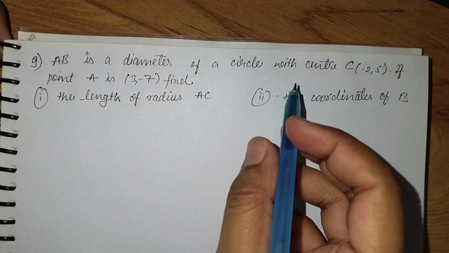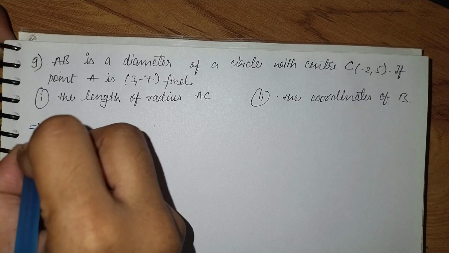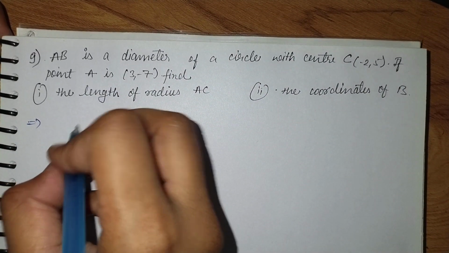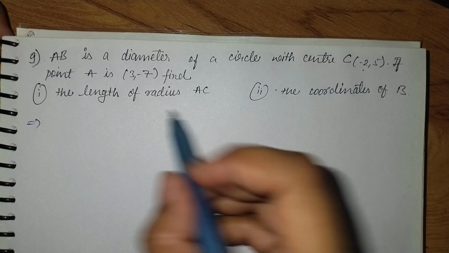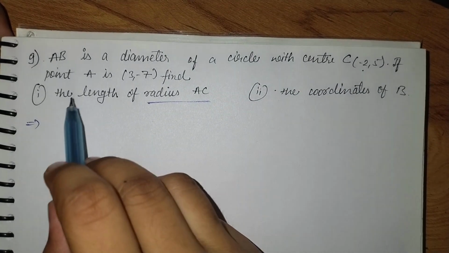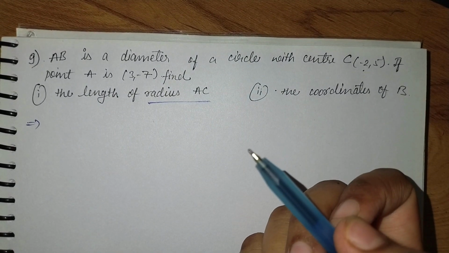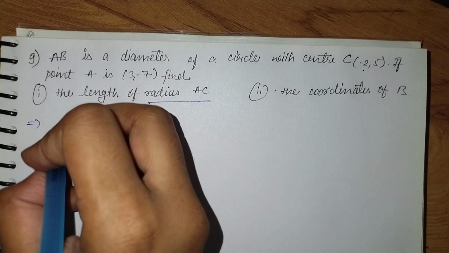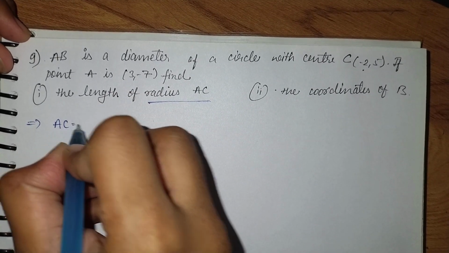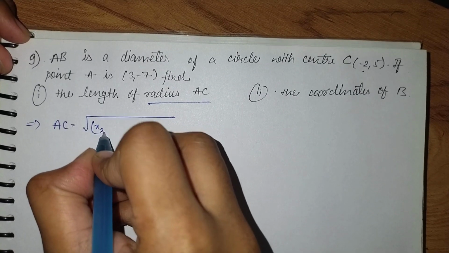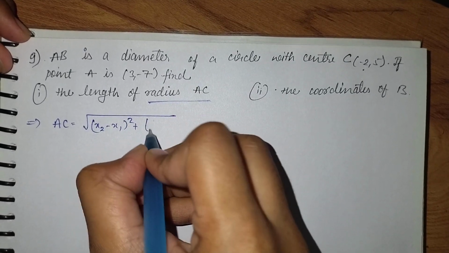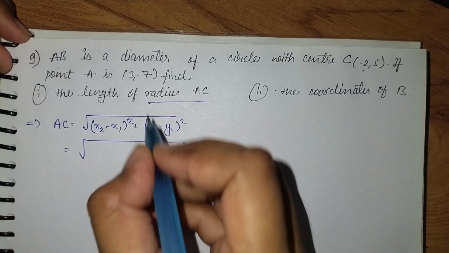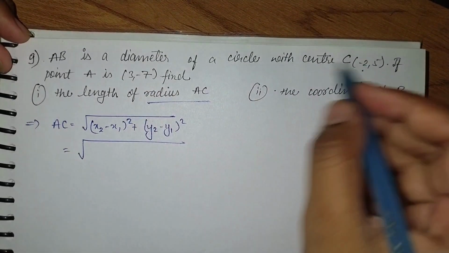AB is the diameter of a circle with center C, and if point A is this, we have to find the length of radius AC. So if this is the center, then the radius AC we have to find here. Point A we know. So if we want to find the length, we will apply the distance formula: AC will become the square root of (x2 - x1)² + (y2 - y1)². Putting the values here, x1 and x2 are this and this.